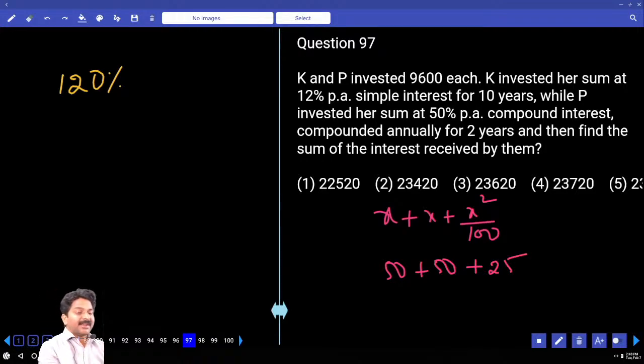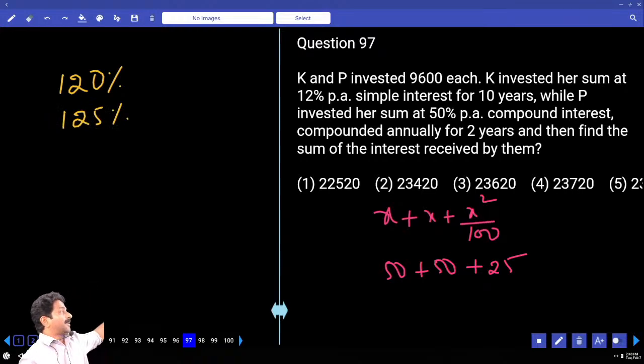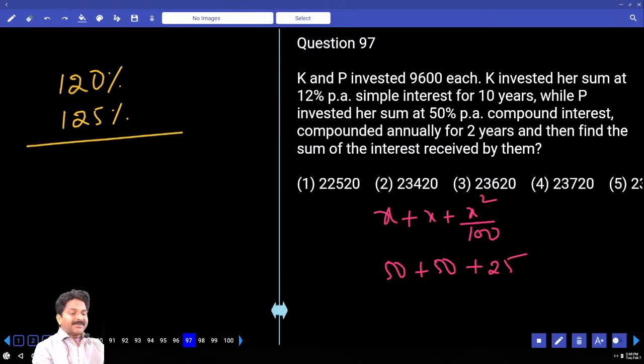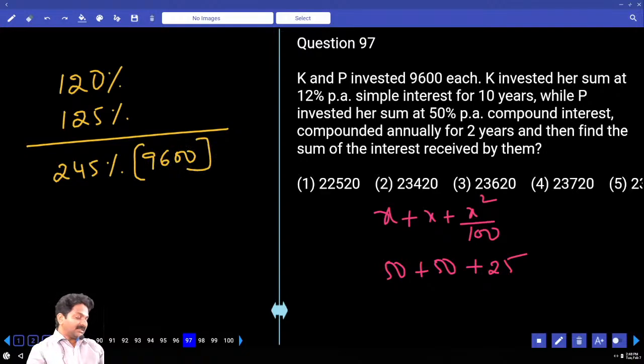So how much interest are we getting now? 125. Both the percentages are calculated on 9,600 only. Because we were asked to calculate total interest obtained, let me directly add: 245 percentage, and now I will calculate it on 9,600.